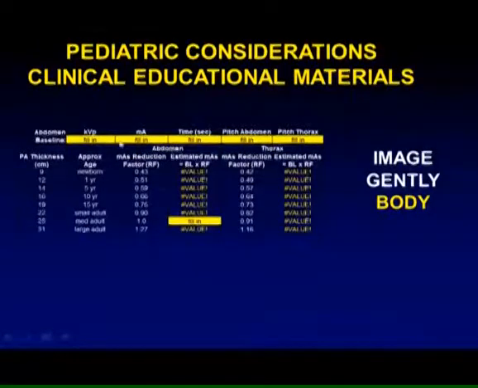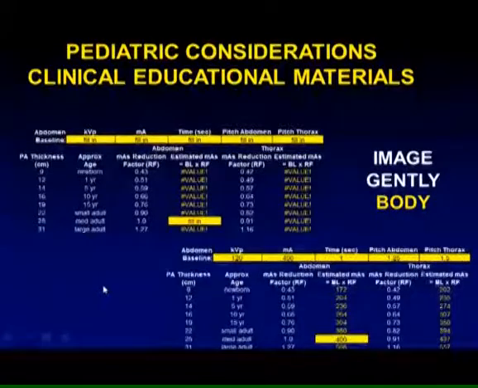And what you do is you fill in the kV, the tube current, the time, the pitch for both the abdomen and the thorax that you would use for your adult patient in your department. And you put that mAs value in here where it says fill in. And once you do that, the table populates and it gives you the reduced mAs that you need as a function of patient size to do what?